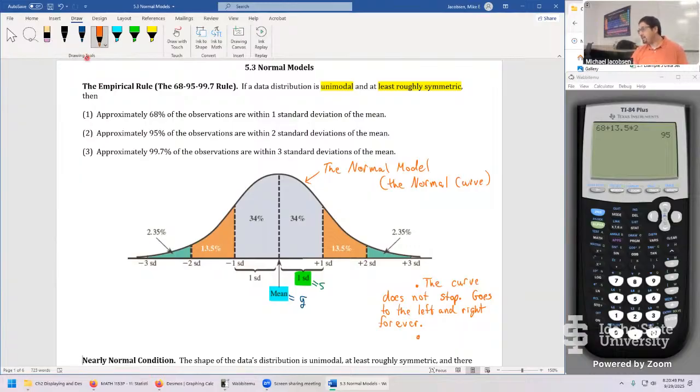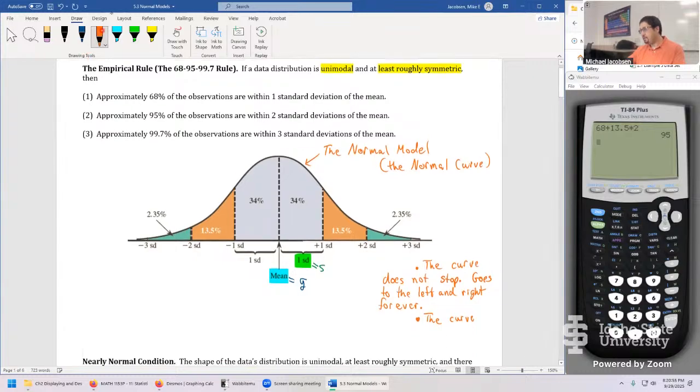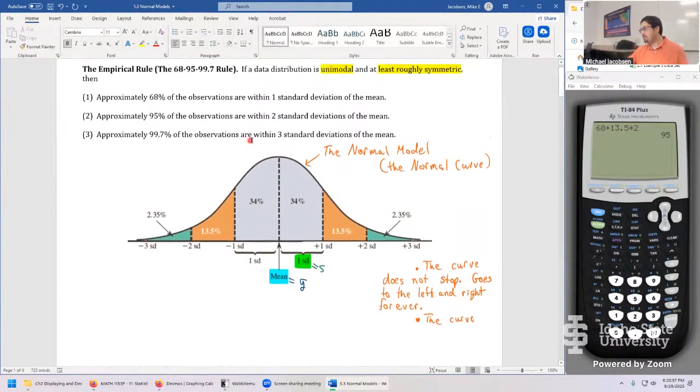Another interesting fact about this is the curve never touches the horizontal axis.